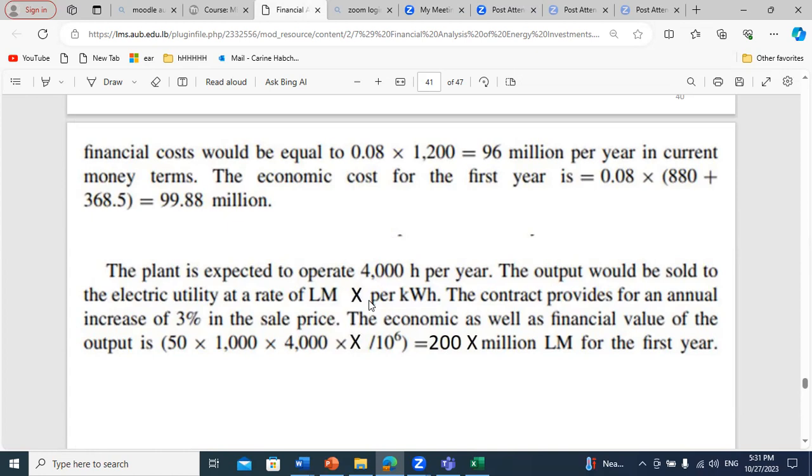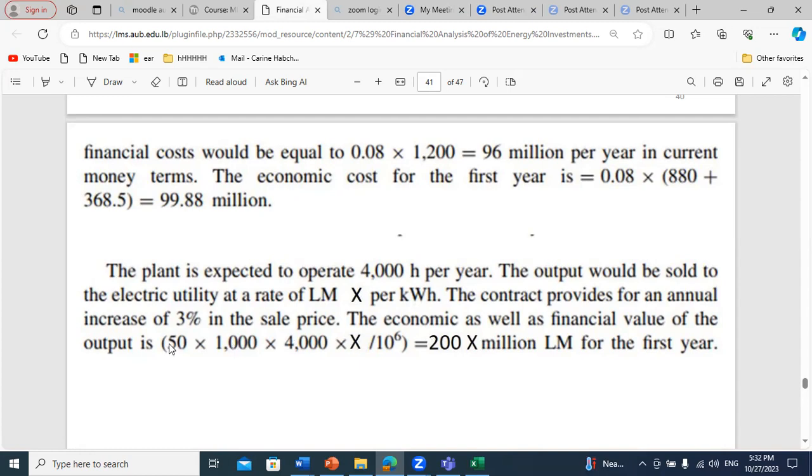So now let us compute the gain as a function of X. To find the total gain, we should multiply the price X, which is in local money per kilowatt hour, by the number of kilowatt hours produced each year. The capacity is 50 megawatt, and the number of hours is 4,000.